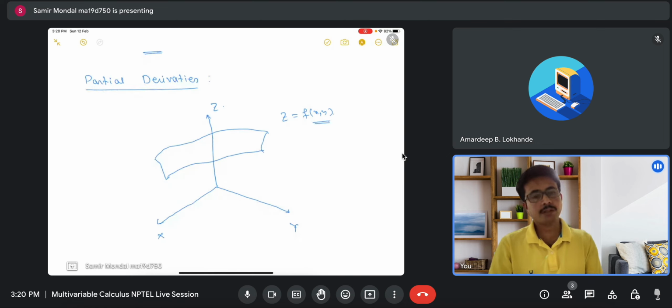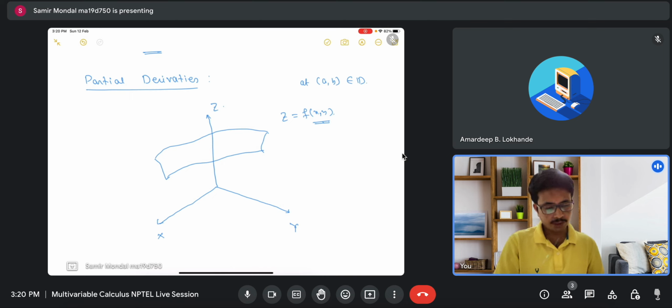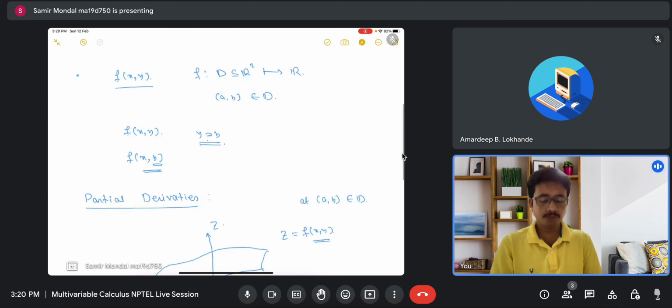We are looking for the partial derivative of this function at the point (a, b), which is in your domain D. After plugging y equal to b, we get a one variable function, so we will do the same thing.